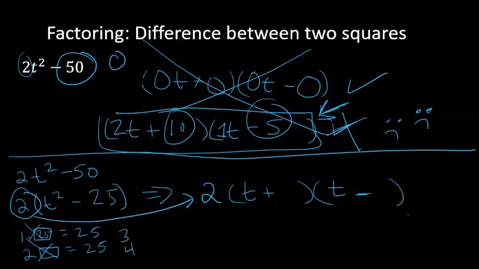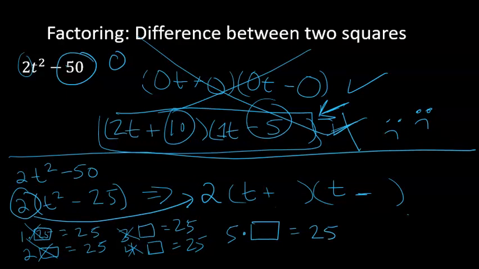Same thing with 3, same thing with 4. This is all multiplication. What about 5? What if I multiply a mystery number against 5 and I'm supposed to end up with 25? I can use 5 times 5.